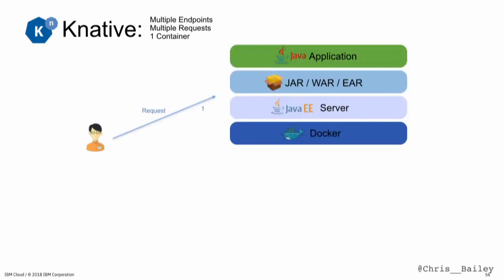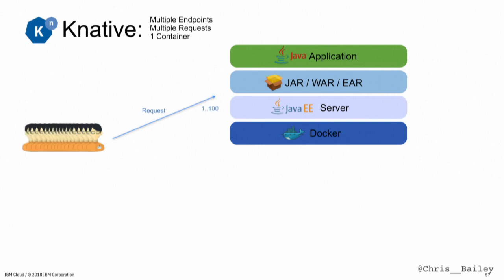Knative is very different. What Knative does is it says, if you have one request, I have to start a container. And Knative doesn't know what that container is. You can bring any existing application that you can put in a Docker container, you can run in Knative. So on the first request, it starts that container, which because of things like Quarkus, we can start in 0.2 seconds rather than 13 seconds.